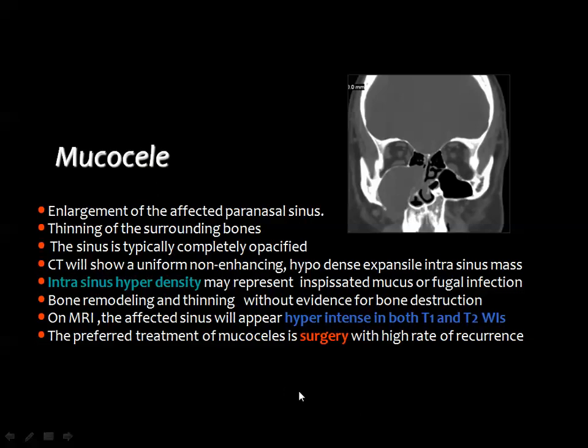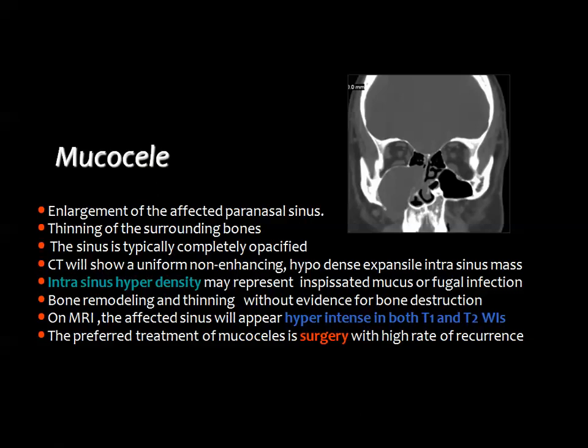If you see hyperdensities inside the sinus involved by a mucocele, then you may think of fungal infection that may complicate long-standing retention of the secretions.